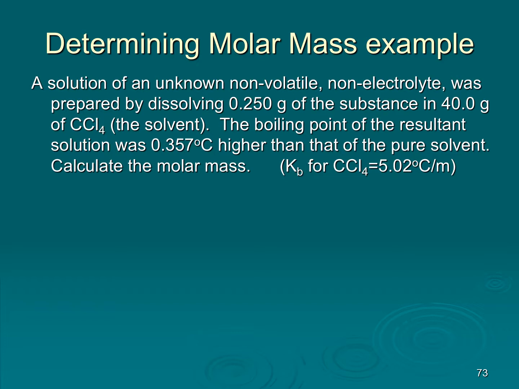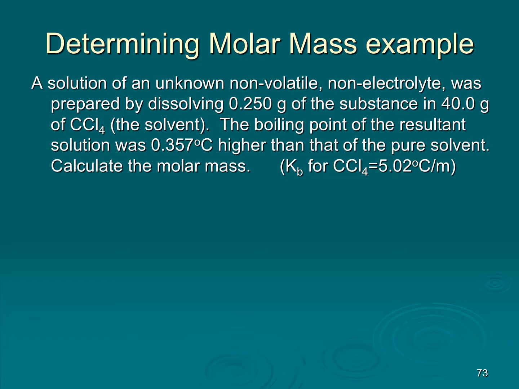Then the boiling point of that solution was 0.357 degrees Celsius higher than that of the pure solvent. So they're not telling you the actual boiling point of the pure solvent or your solution, but they're telling you that delta Tb is 0.357, that it was 0.357 degrees higher. So calculate the molar mass of your unknown.